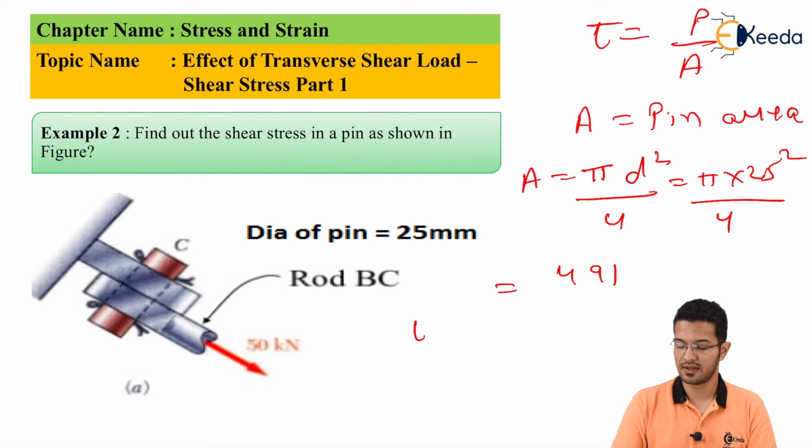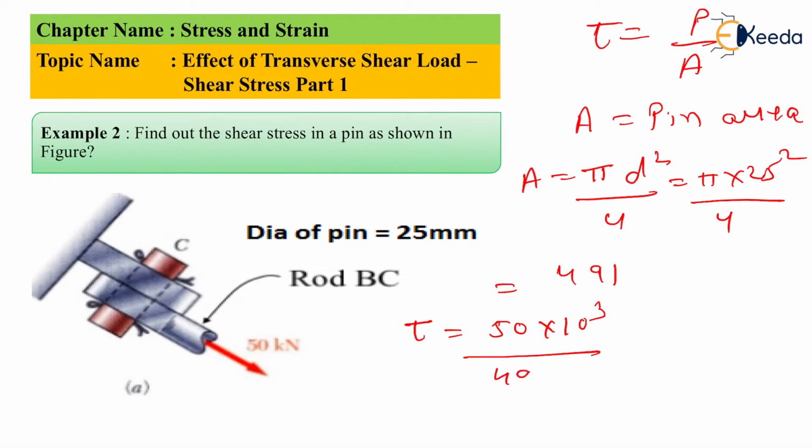Now we can write down tau is equal to 50 into 10 to the power 3 the whole upon 491, which turns out to be 102 megapascal. Hence, the shear stress in a pin is equal to 102 megapascal.